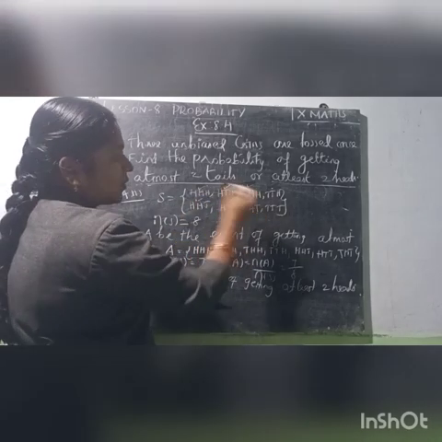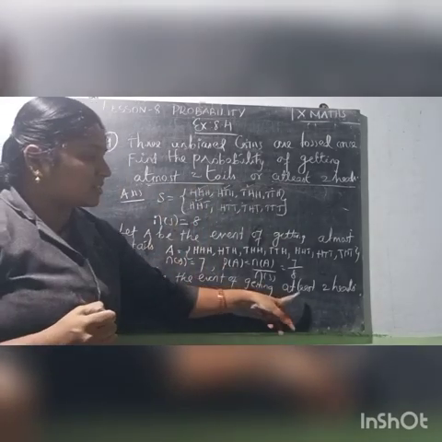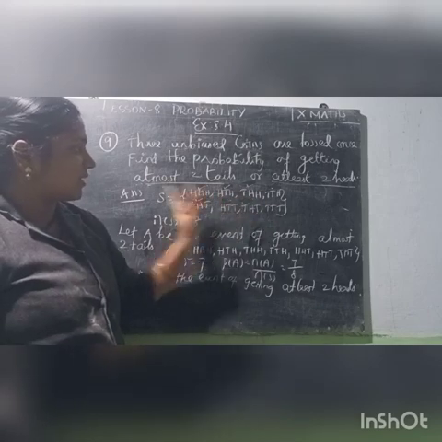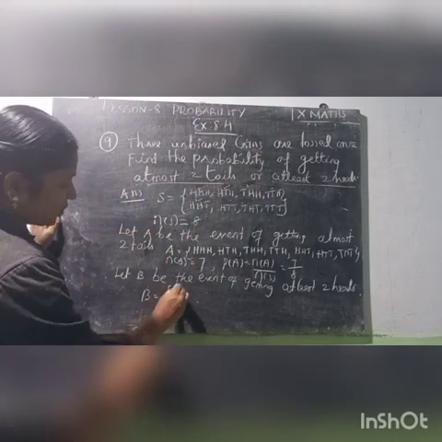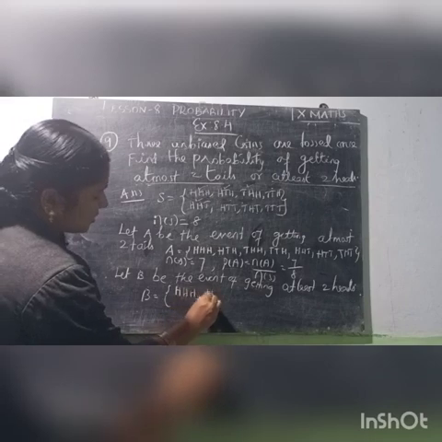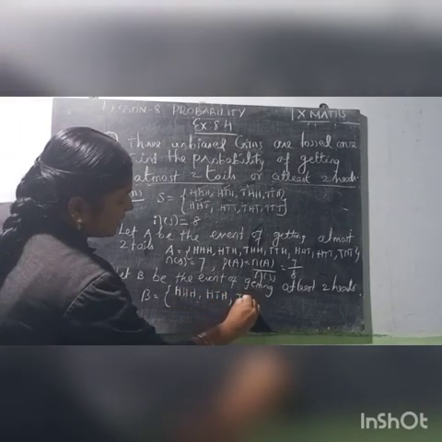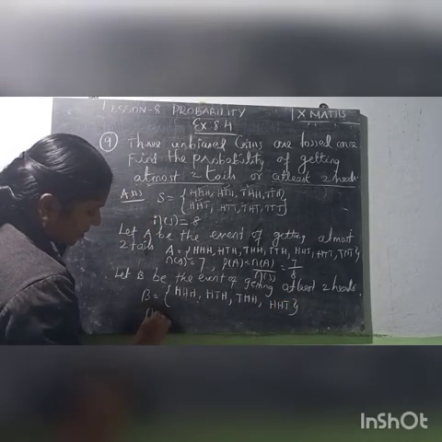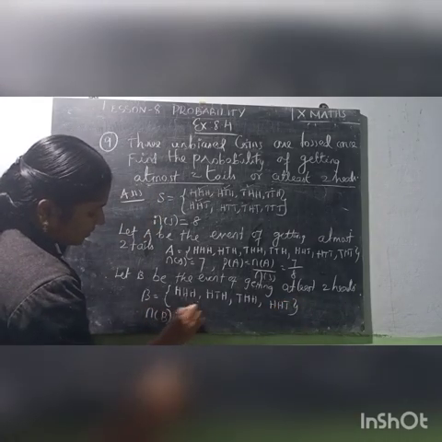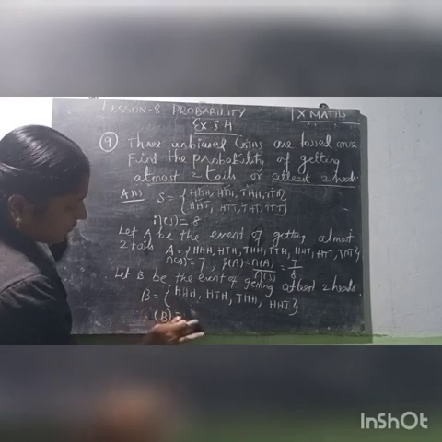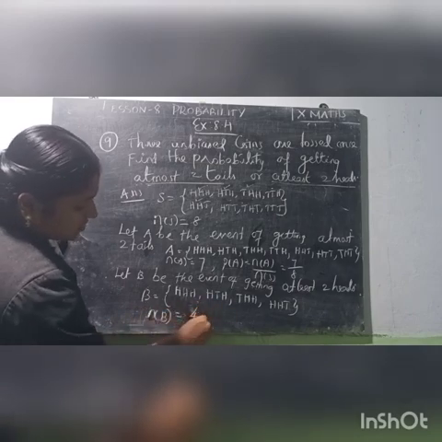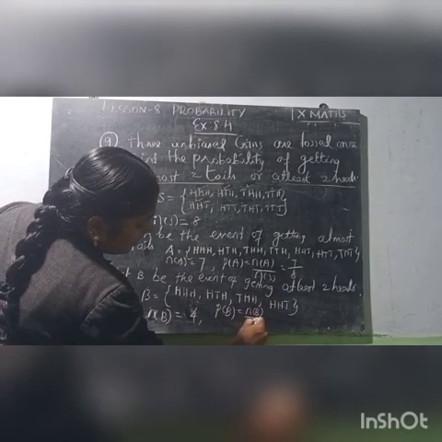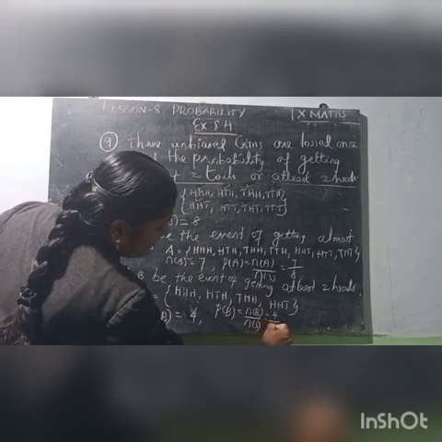So at least 2 heads means 2 heads and 3 heads. So B equal to HHH, HTH, THH, HHT. So n of B equal to 4 events. So P of B equal to n of B by n of S. So 4 by 8.